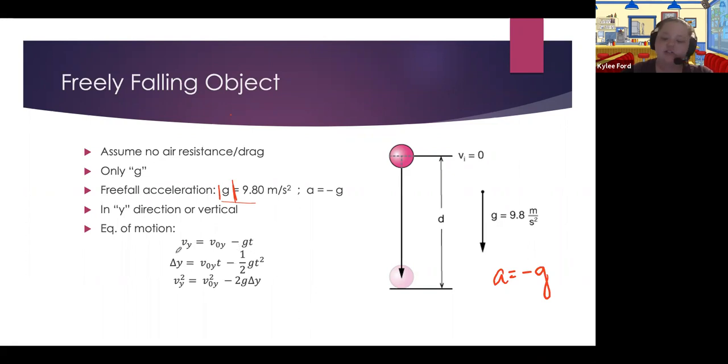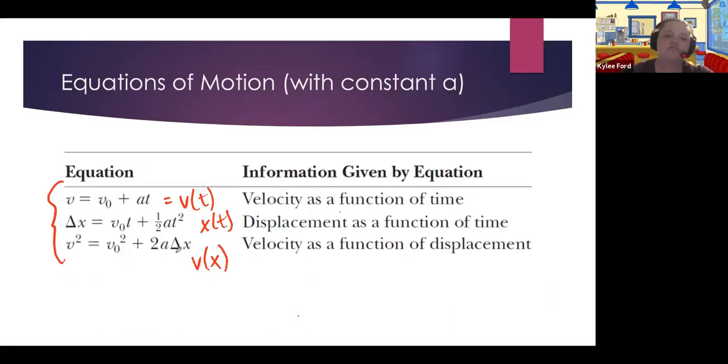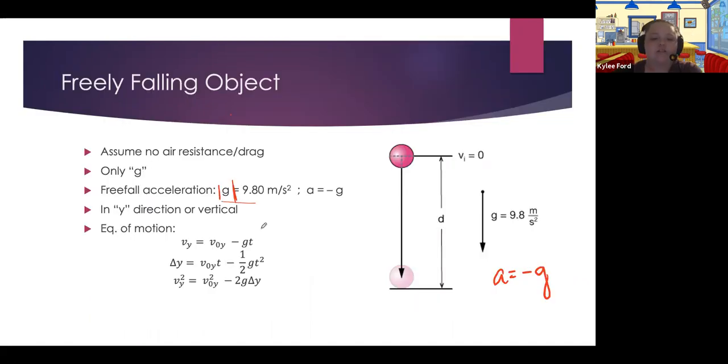Okay, and so our equations of motion, as you see here, will change a little bit. We're not merely just looking in the horizontal direction. We are now just looking in the vertical direction, which really just changes our x to a y, okay, as you can see here. Okay, so these are now our equations of motion for free-falling objects.